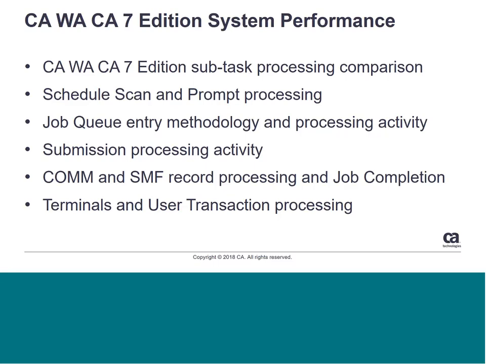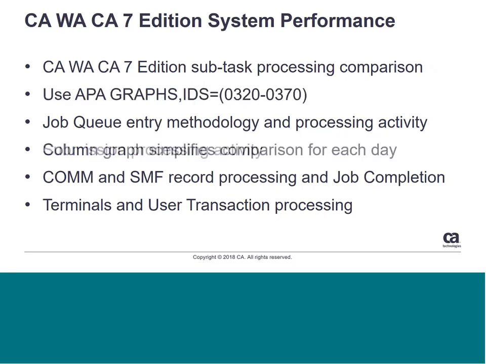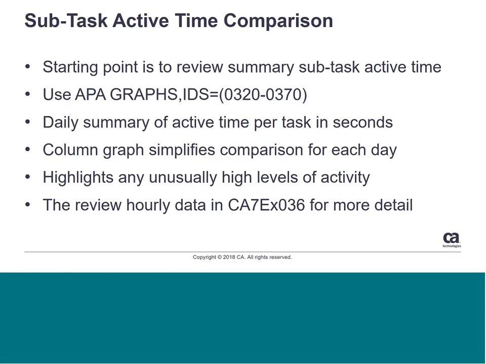But initially, what we're going to start off with is a look into the main subtasks to give you an idea, from a summary, high-level point of view, of how well the various different subtasks are doing, whether you have any anomalies in terms of high activity on certain days in particular parts of the subtasks.